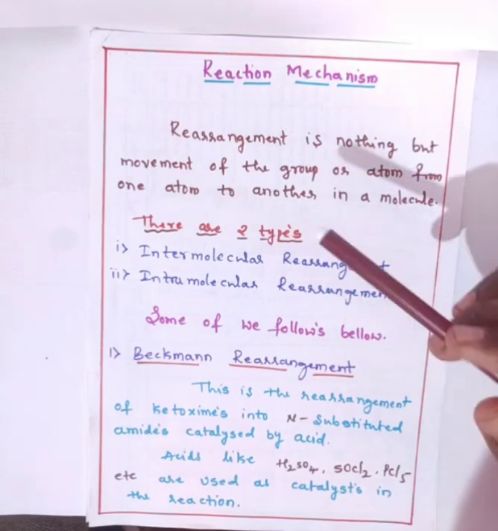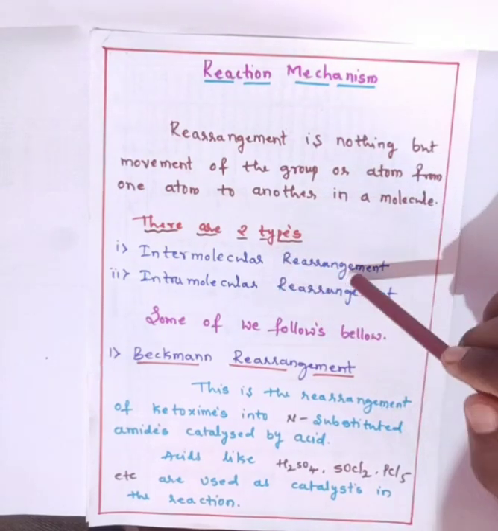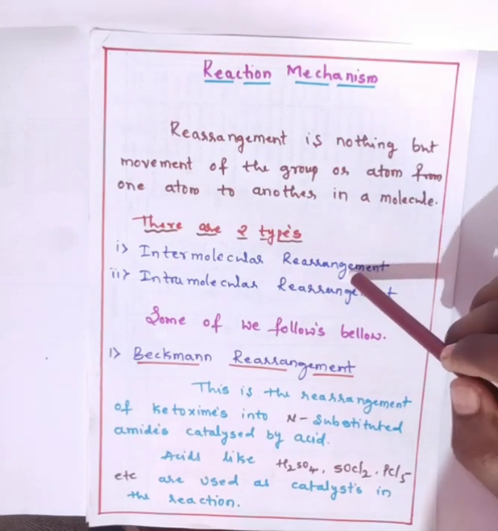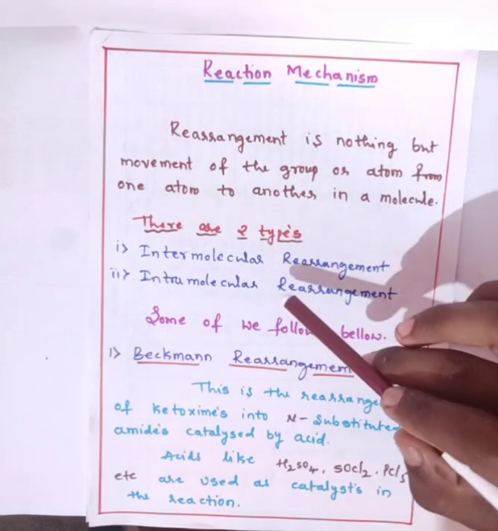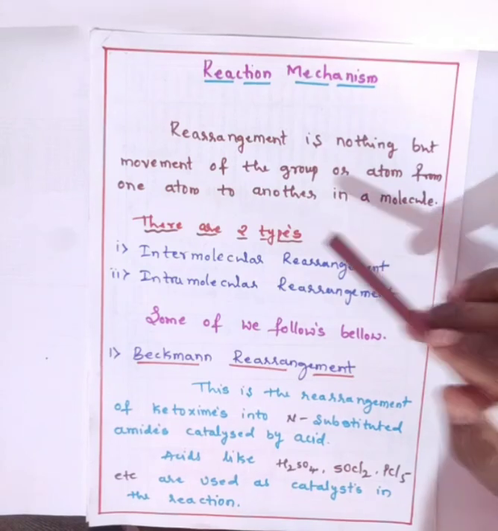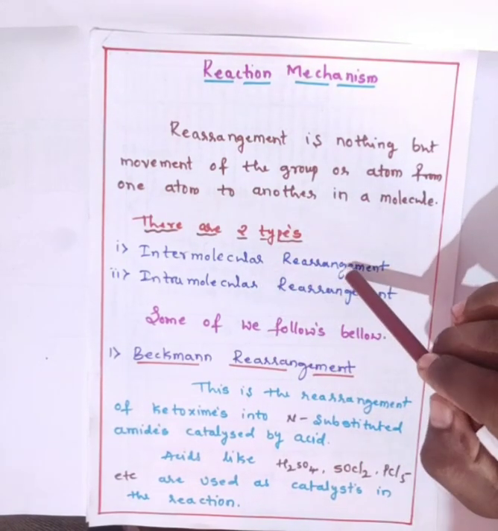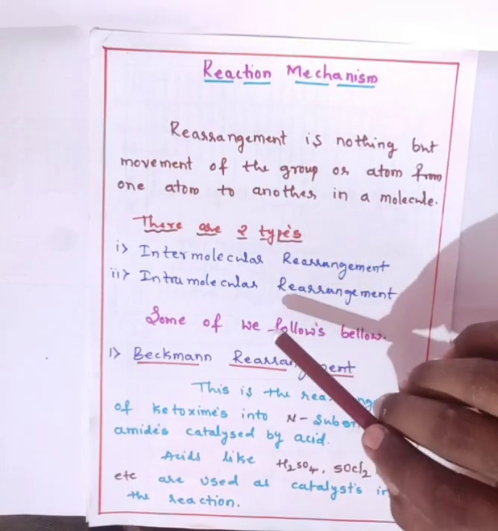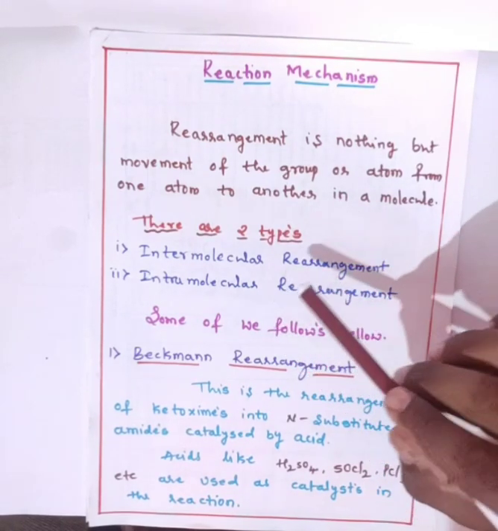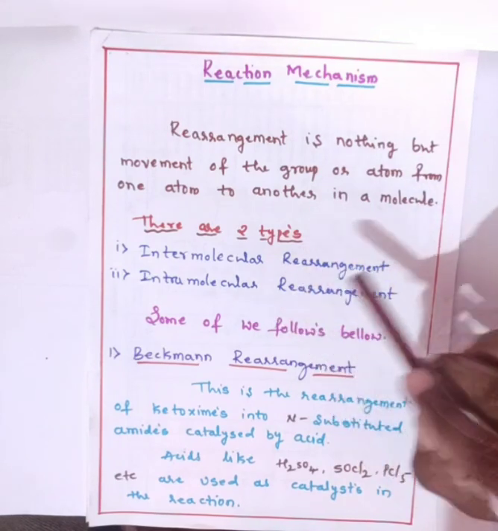Intermolecular rearrangement is the movement of a group or atom taking place between two different molecules.